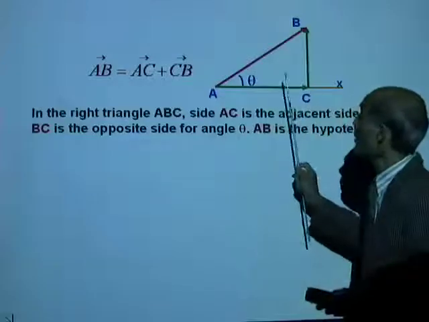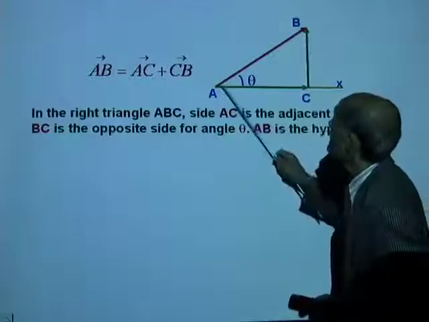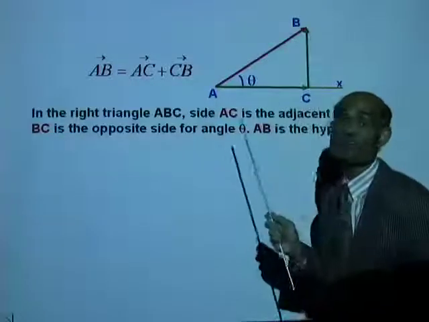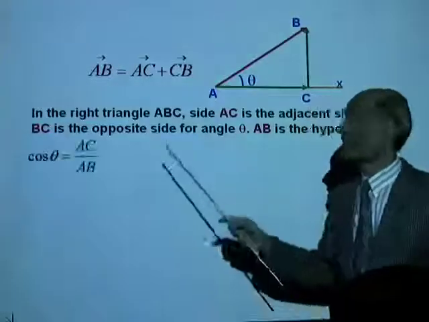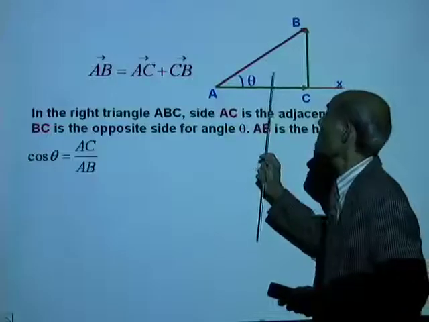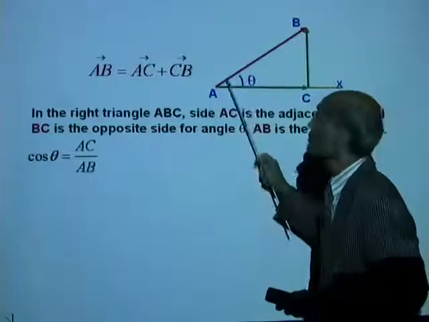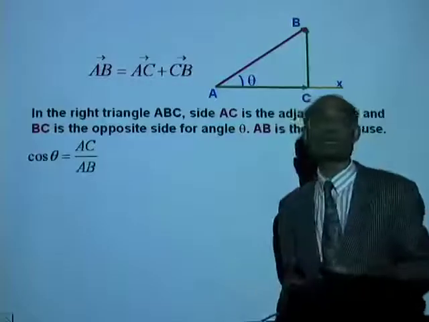Alright, let's now obtain values of AC and CB in terms of AB using a simple trigonometric relation. Now, you know cos theta is adjacent side divided by the hypotenuse. So cos theta is AC divided by AB.